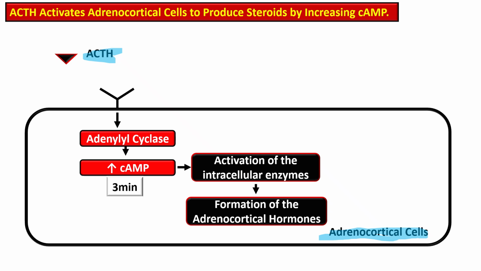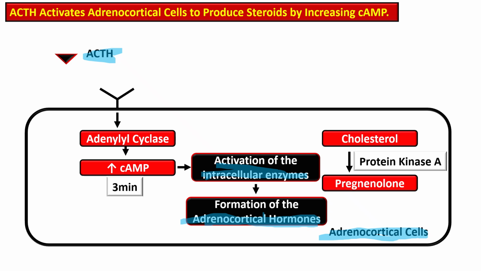This cyclic AMP acts as a second messenger and activates various intracellular enzymes that are essential for the formation of adrenocortical hormones. Specifically, it activates protein kinase A, which is responsible for conversion of cholesterol into pregnenolone, the rate limiting step in the formation of these hormones.